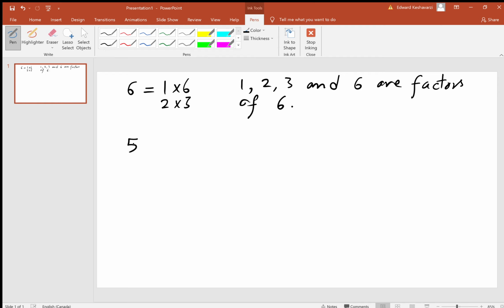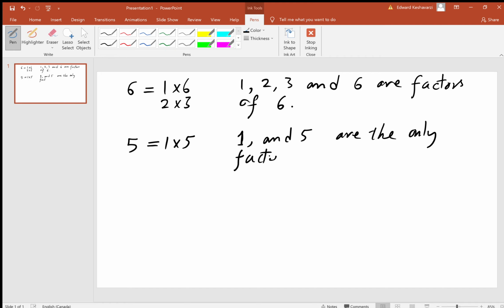Now consider 5. 5 can be written as 1 times 5. There is no other way that you can break down 5. So therefore 5 has 2 factors. So 1 and 5 are the only factors of 5.